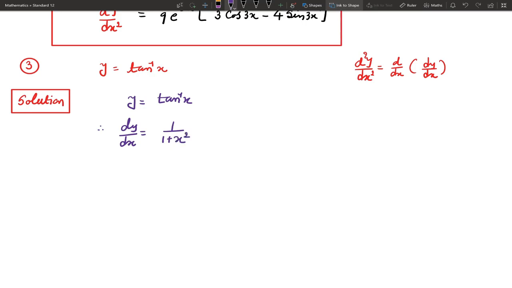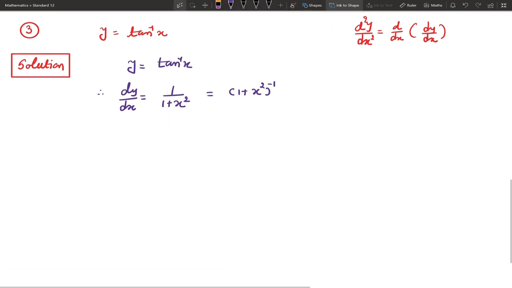Now 1 upon 1 plus x square can be written as 1 plus x square raised to minus 1. So when we evaluate the second order derivative d2y by dx2, it is nothing but d by dx of dy by dx. So again we have to differentiate this.